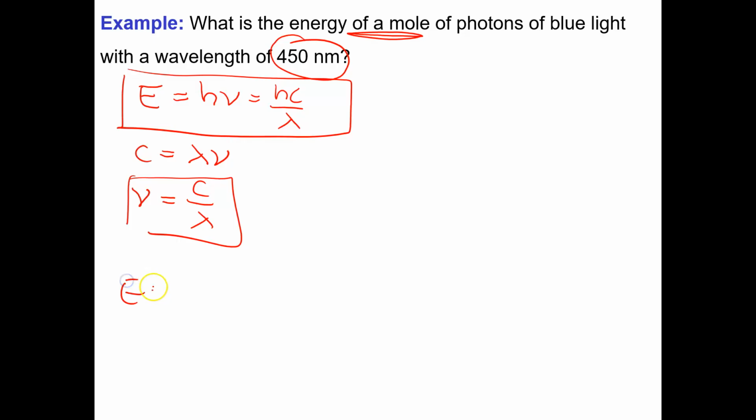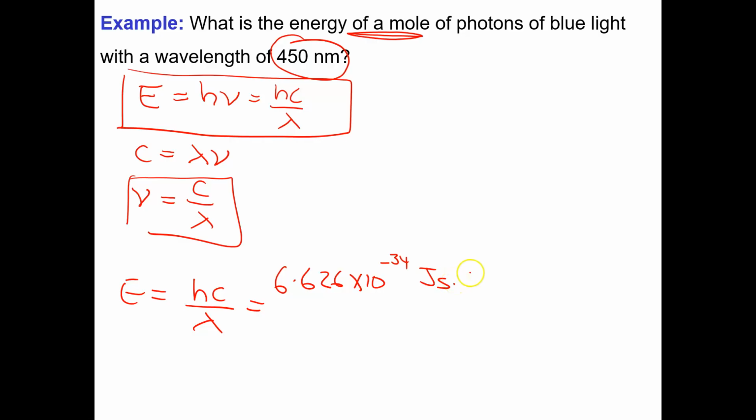So let's go ahead and calculate our energy of a photon. So Planck's constant, 6.626 by 10 to the negative 34 joule seconds.